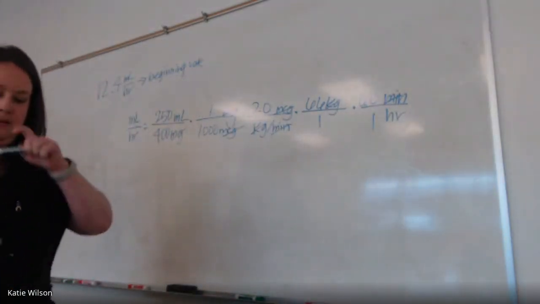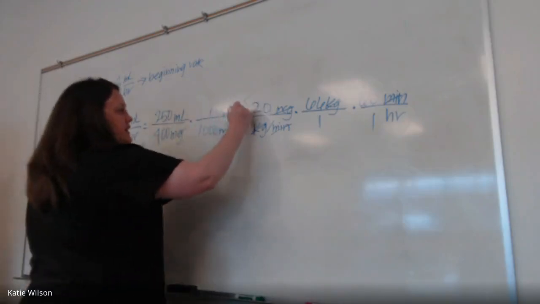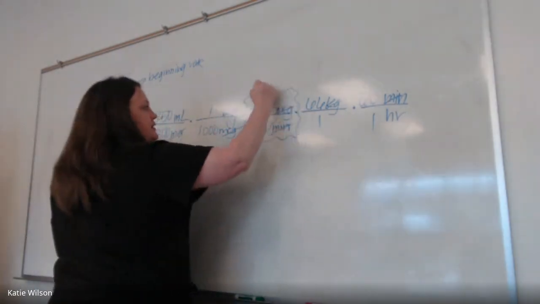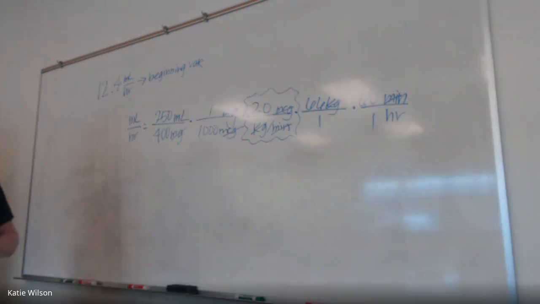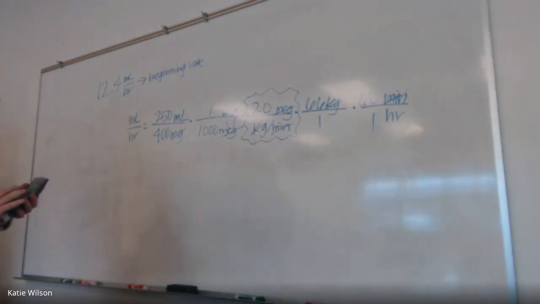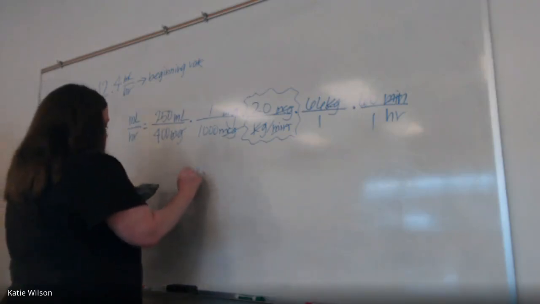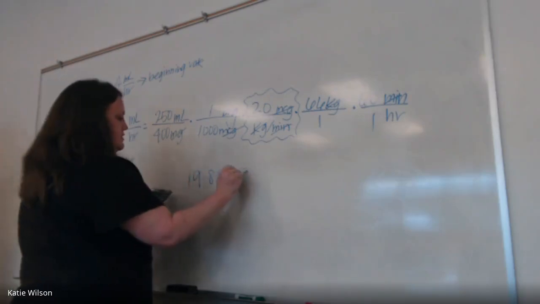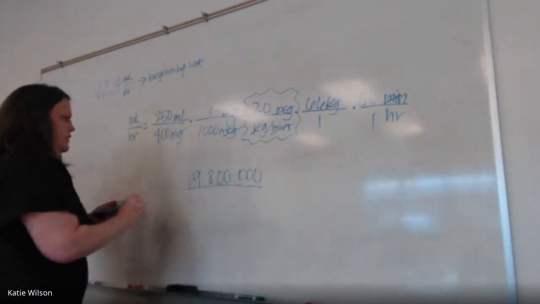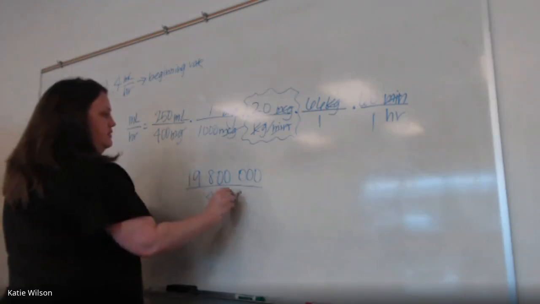Okay. This is the same problem we just did, only this is the maximum order that they gave us. So we've got 250 times 20 times 66 times 60, and that's 19,800,000 divided by 400,000.